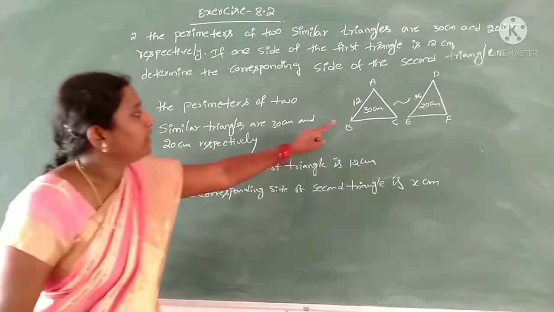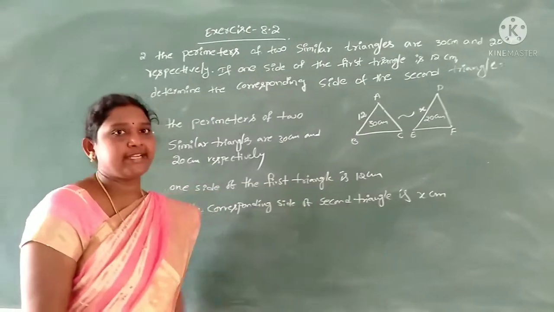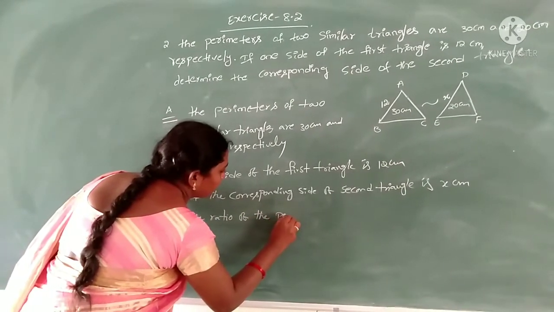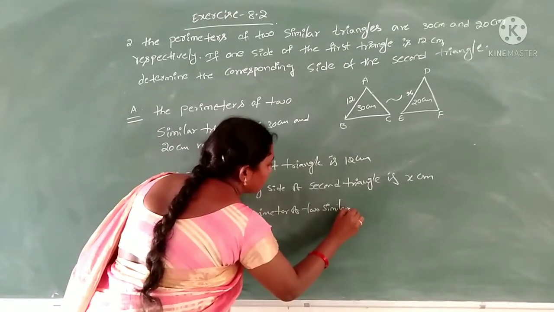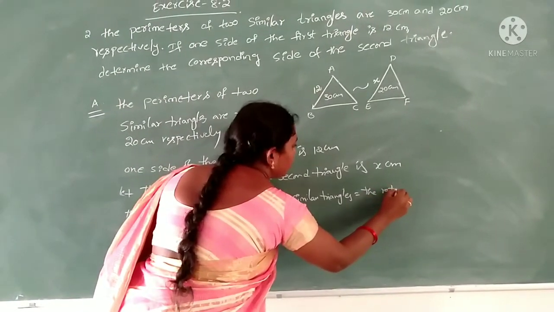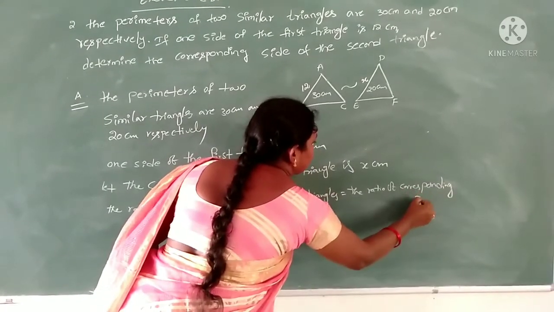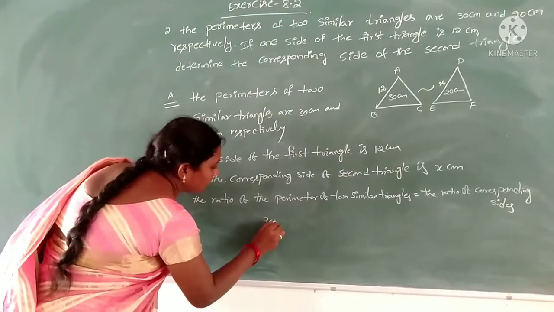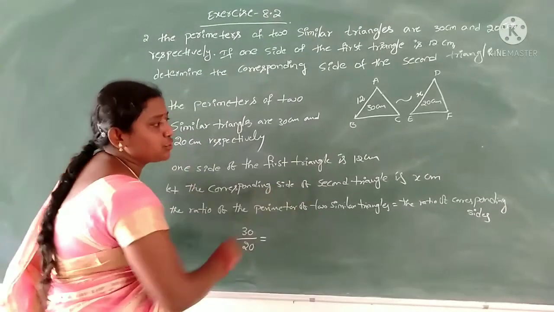We know that the ratio of the perimeters of two similar triangles is equal to the ratio of corresponding sides.